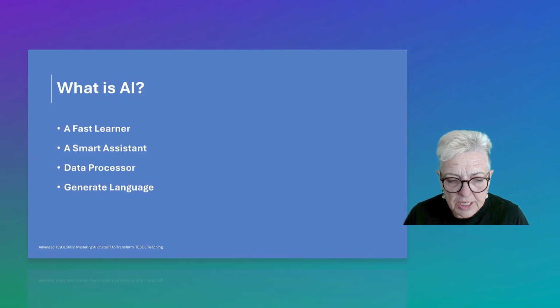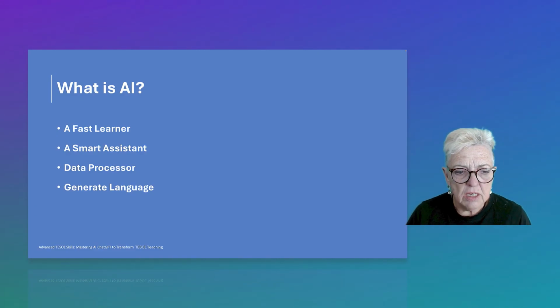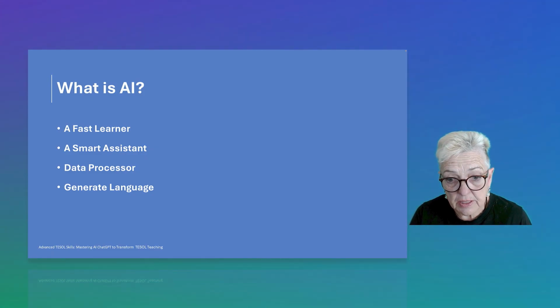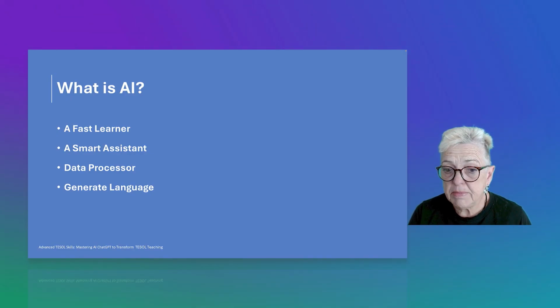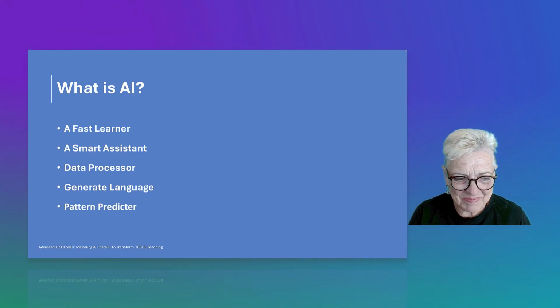It generates language. ChatGPT particularly is superb at creating novels, recipes, horoscopes, different types of tasks, comprehension questions. Anything to do with text, ChatGPT is very good. It can write your essays. I'm sure you've seen these already, submitted by your students probably.